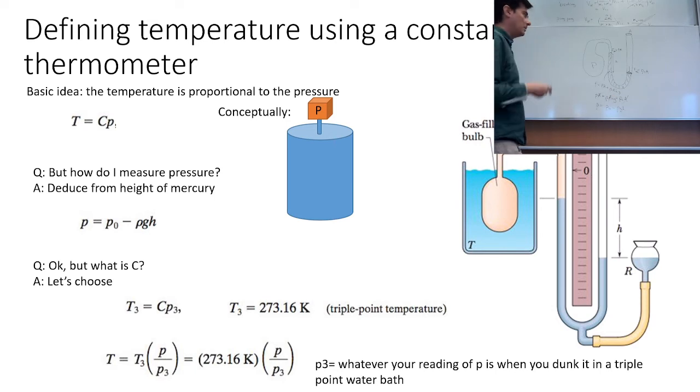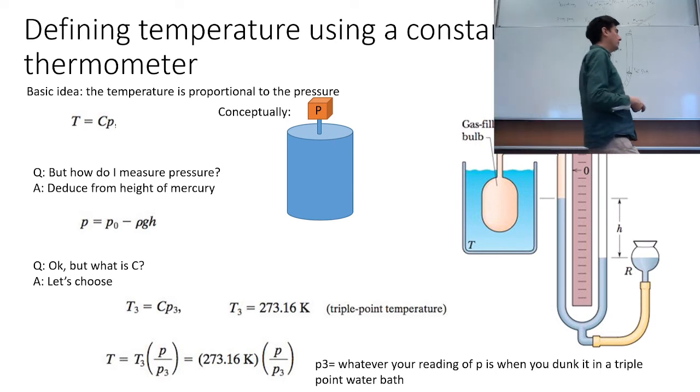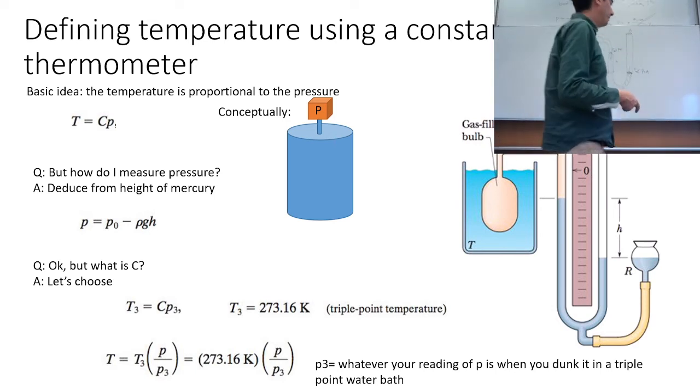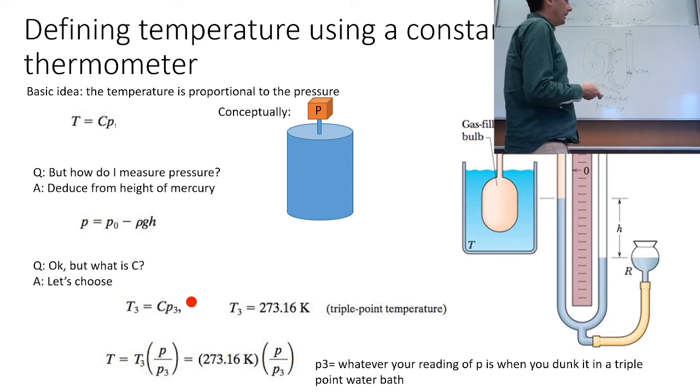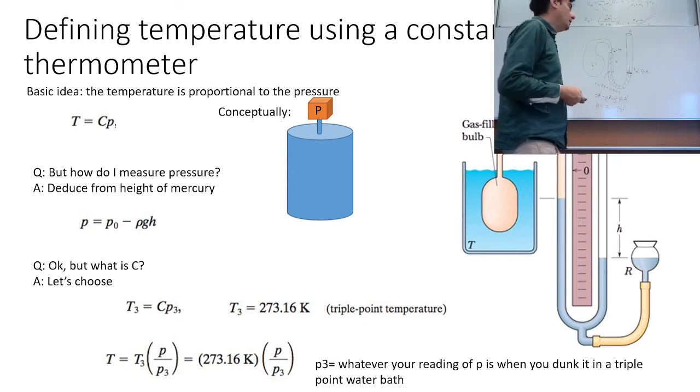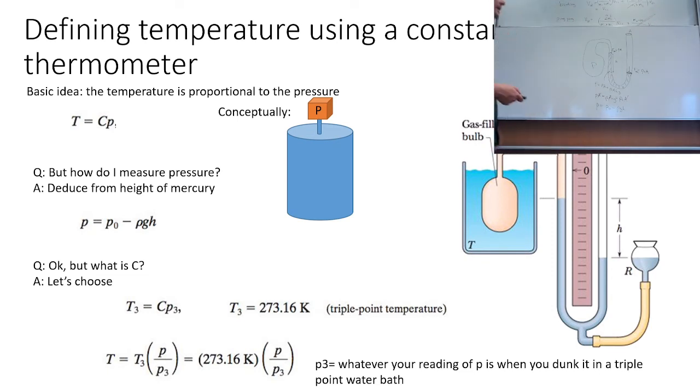Because we're making a Kelvin scale thermometer. That gives us some constant here, which in this case is going to be 273.16 divided by P3. P3 is whatever value of the pressure that you just measured at the triple point. Okay, so this is how you would make a constant volume thermometer.